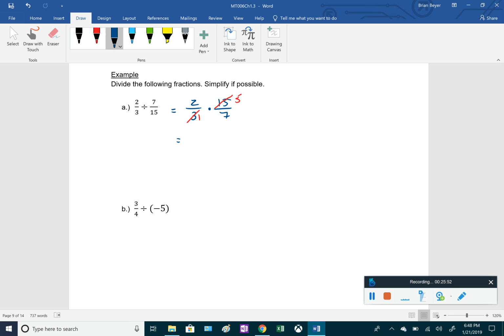So now it's going to be 2 times 5, which is 10, and 1 times 7, which is 7. So a couple different ways to think about how to cancel these. I like canceling before you multiply, because then if you cancel before, then you don't have to cancel afterwards. And then you're working with smaller numbers, so it's a little bit easier.